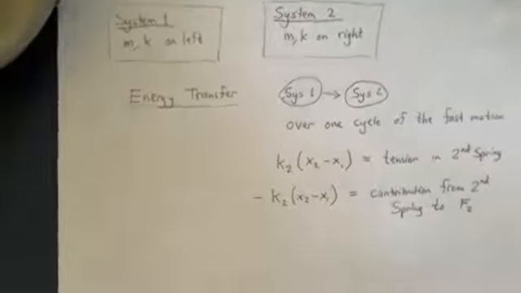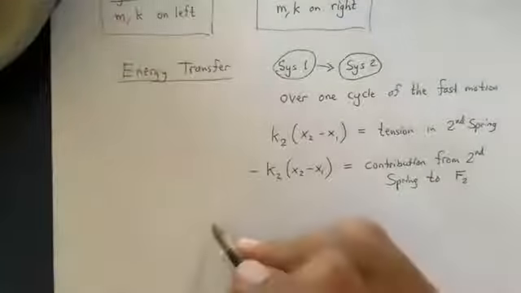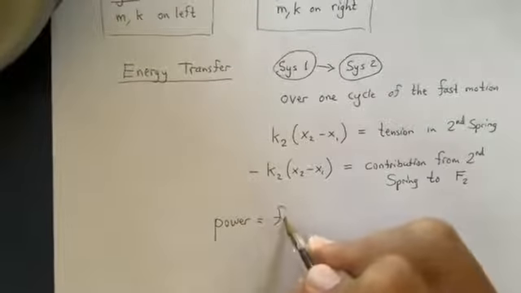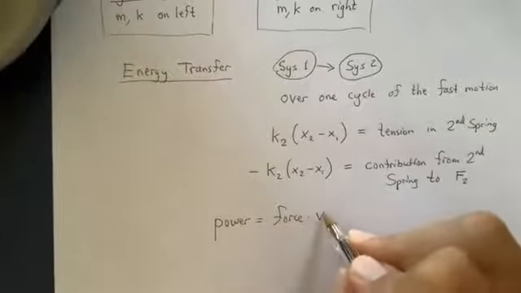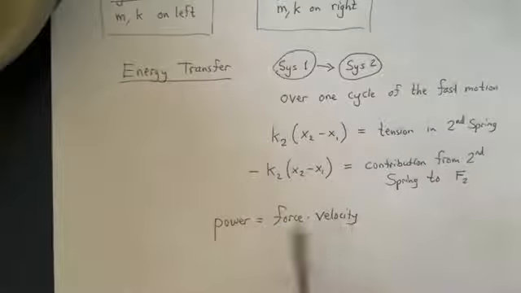Having said that, we can now use good old power equals force times velocity. Okay, and it is force times velocity. The velocity could be negative. Perfectly valid. So let's be clear then.